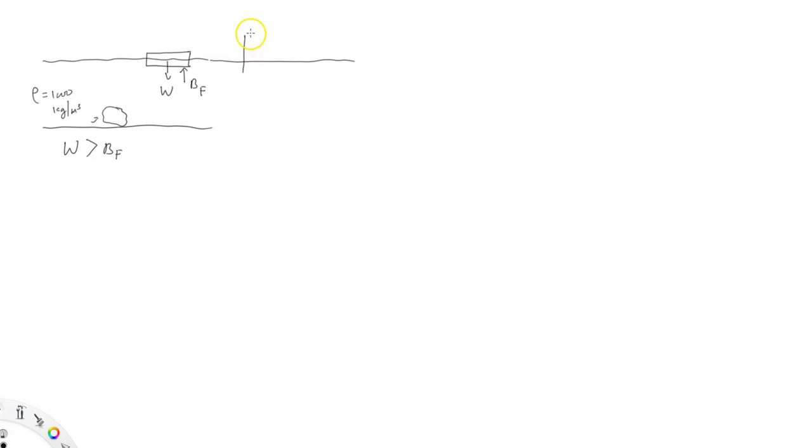Something can float like this, with most of the object above the water, like a ship. Displacing this much water or liquid is enough to create the buoyant force to support the weight. So here's the weight. This volume which is underwater is enough to create that necessary buoyant force.